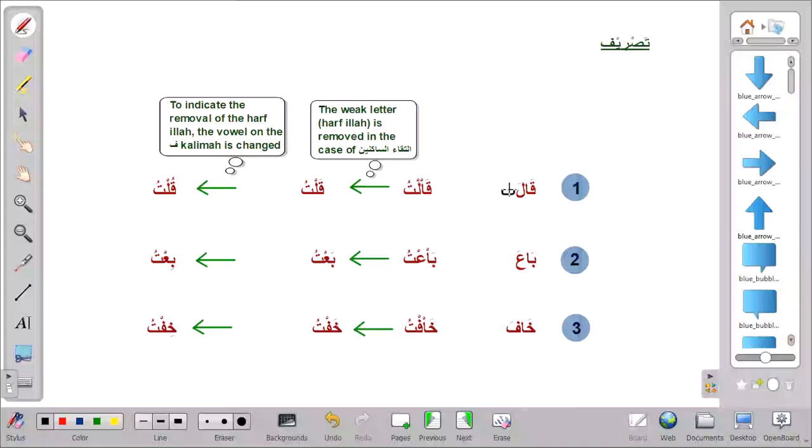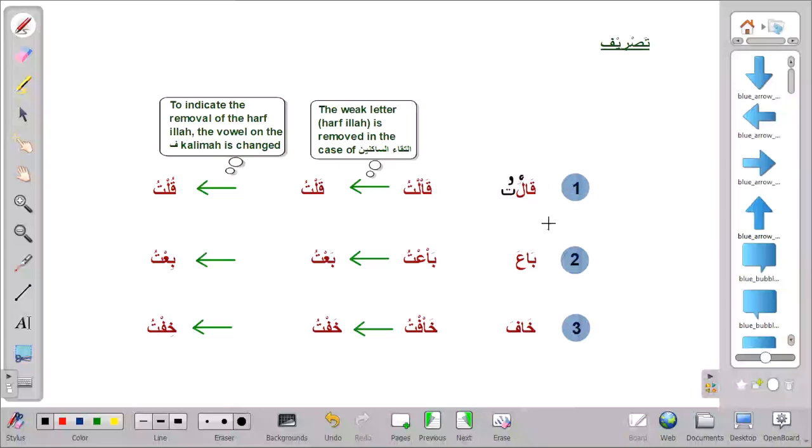Then I'll put sukun on the last letter. For example, zahaba means he went, but if I want to say I went, I'll put sukun on the last letter, zahab, and then I'll add tu. I hope that is clear. Zahabtu. I'll put sukun on the last letter and then add the pronoun.